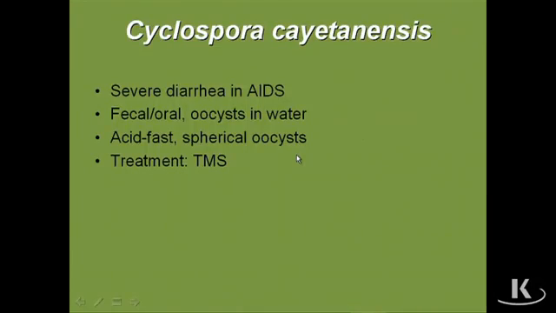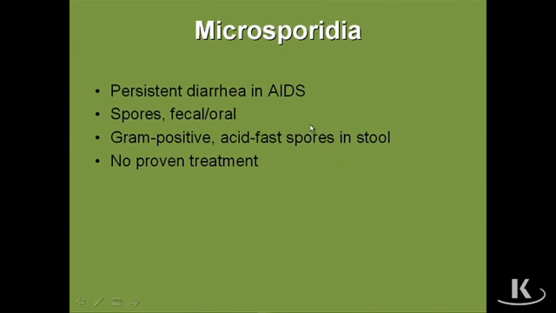Now we're going to page through fairly quickly some of the other organisms that you can see in AIDS patients causing this kind of persistent diarrhea. One of them is Isospora, causing again severe diarrhea in AIDS patients. Oocysts are acid-fast, but these are spherical, all right, but not nearly as common as the first two that I talked about. So we're going to put Isospora, and we're going to put Microsporidia fairly low down on the list, okay?